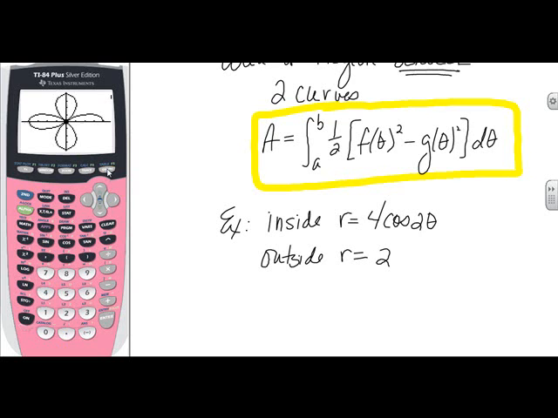My viewing window is a little distorted, so I'm not happy with that yet. So I'm going to go back and zoom square, which is just automatically going to reset whatever needs to happen to make the picture have the right proportion.